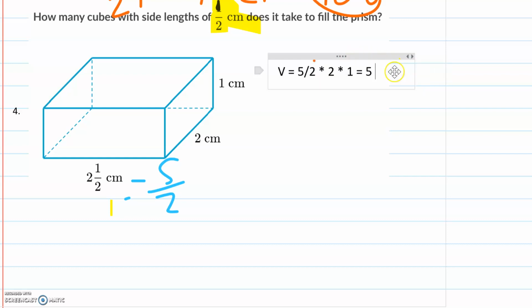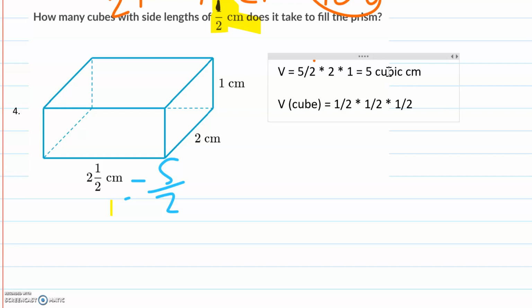So we have 5 cubic centimeters for the rectangular prism. And if the cube is 1/2 for the side length, so it'd be 1/2 times 1/2 times 1/2, which is 1/8 cubic centimeters.